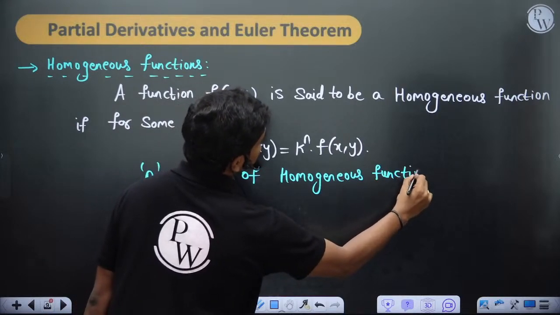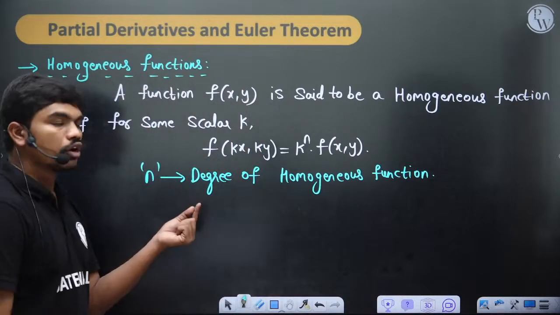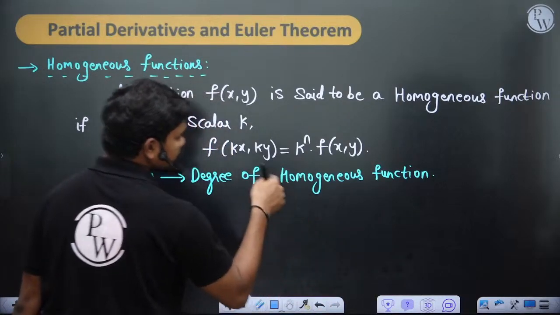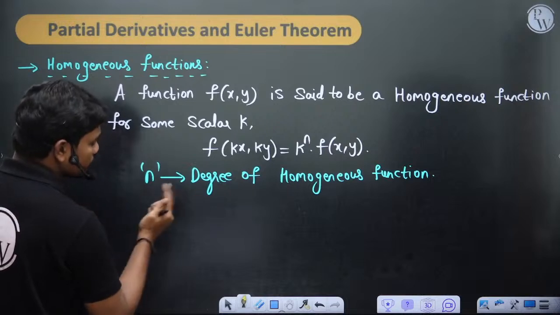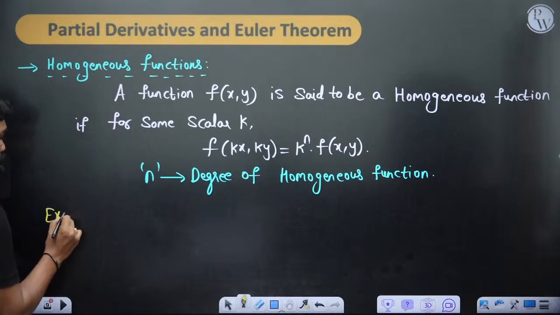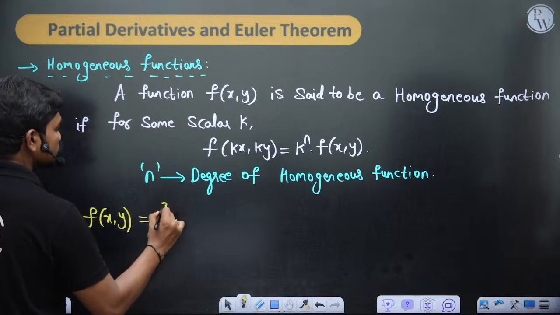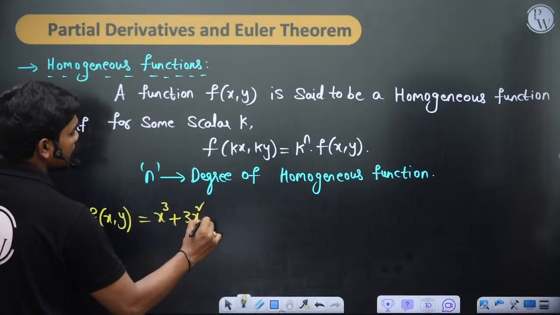So this n is basically called the degree of the homogeneous function. For example, f of x comma y is x cube plus 3x square y plus y cube.